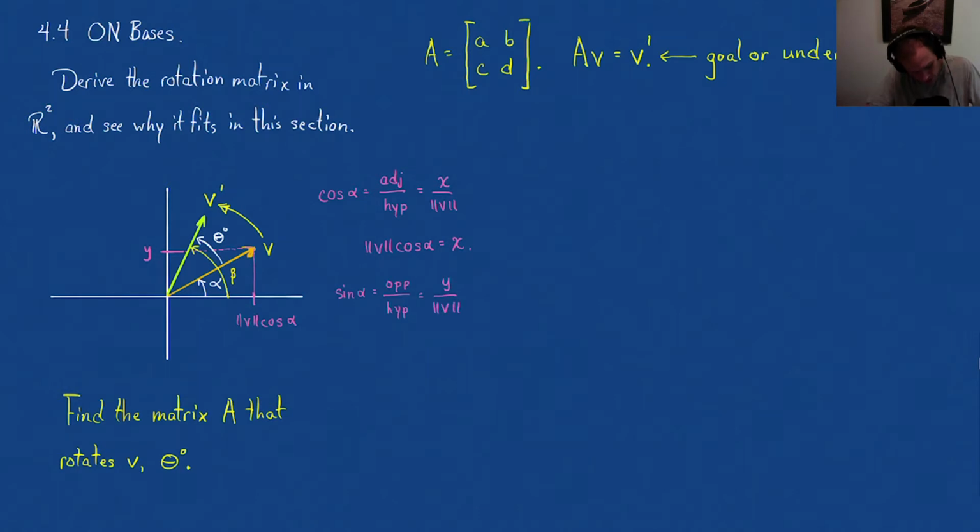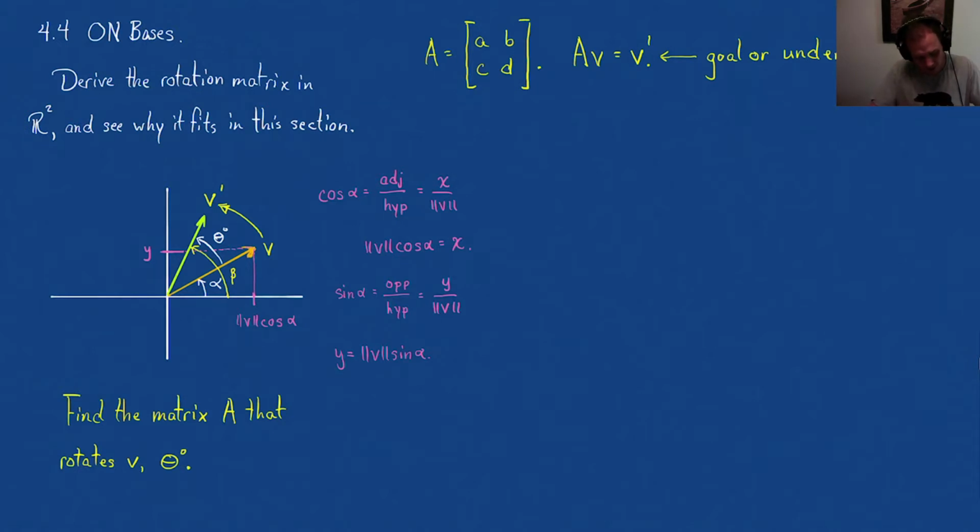And so with a little bit of cross multiplication, or just clearing the common denominator of the length of v, we could say that y is equal to the length of v times the sine of alpha. All right, well, there we go. We've got the vector v.